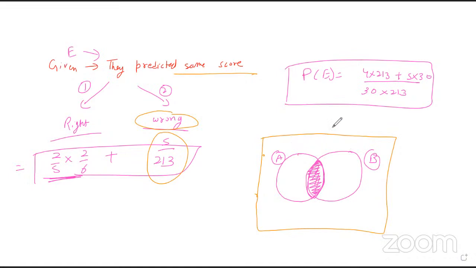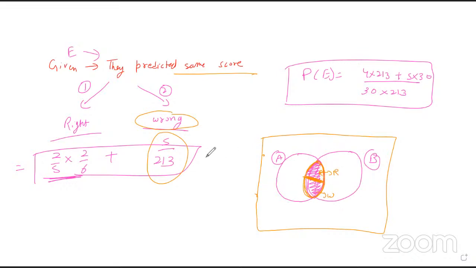Out of this one, some are wrong and some are right. You are making a partition, right? The right one and the wrong one. Now this right one we know, so just put it in the numerator, and the right and wrong one, that is the total intersection, we put in the denominator.